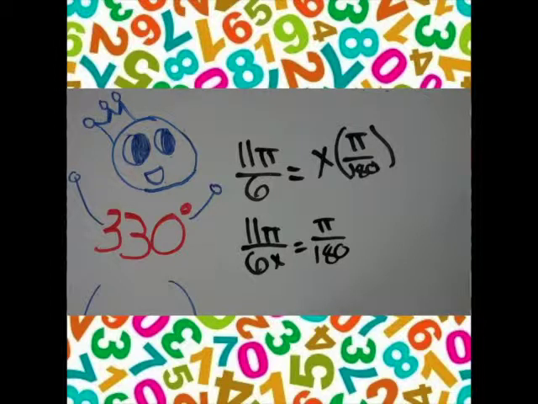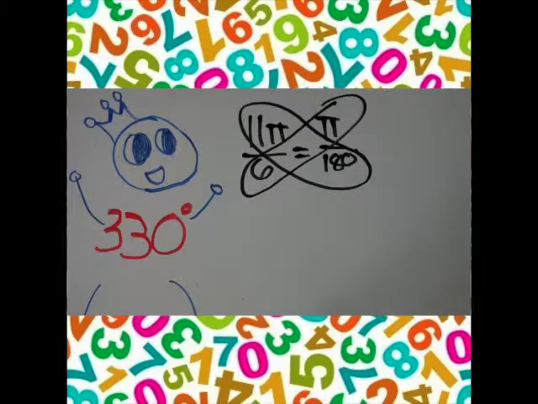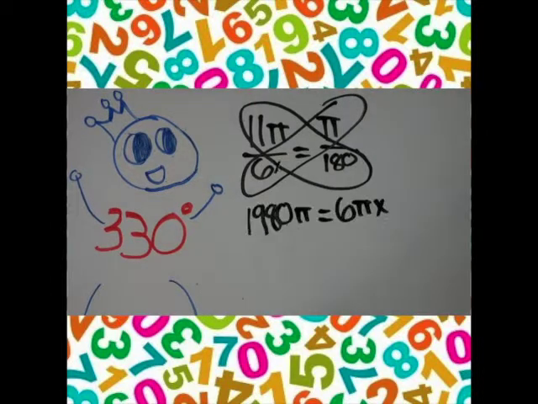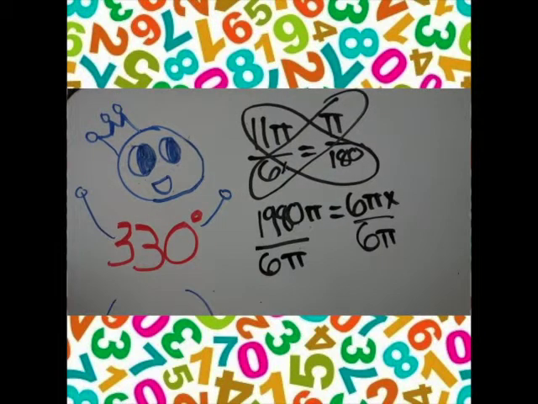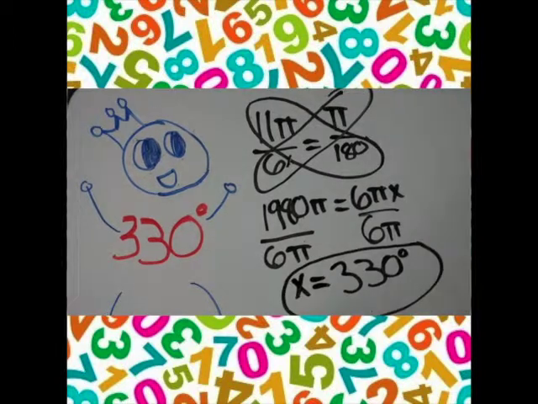And then you cross multiply. So you have 1980 pi equals 6 pi x. Divide both sides by 6 pi. And x equals 330 degrees.